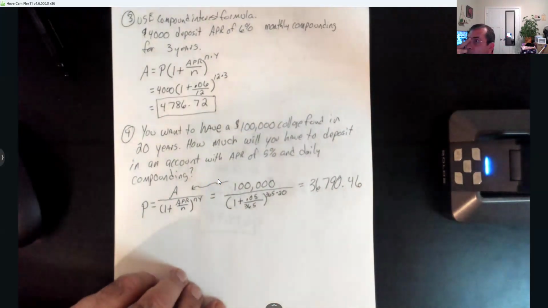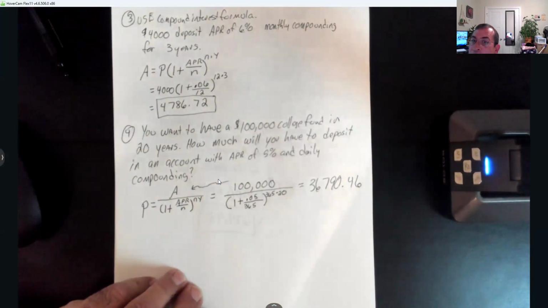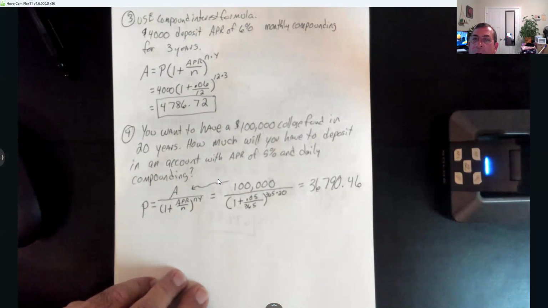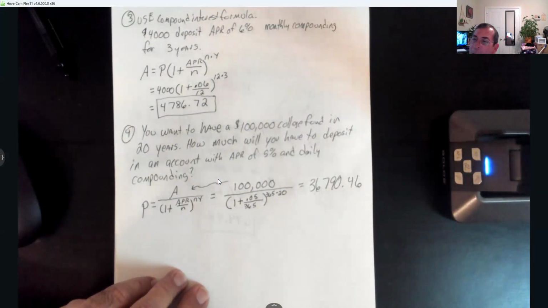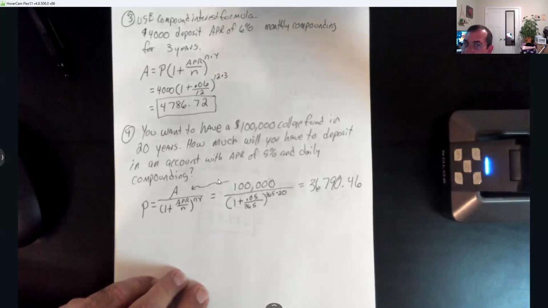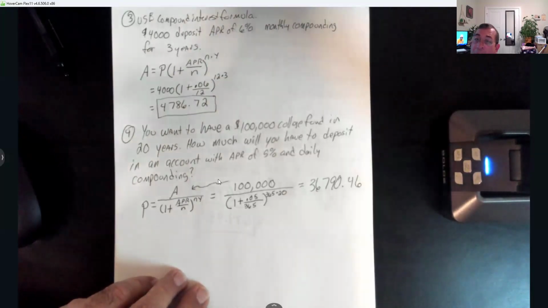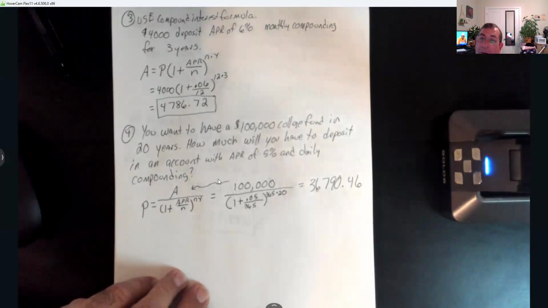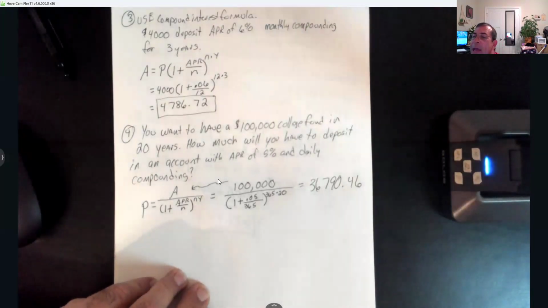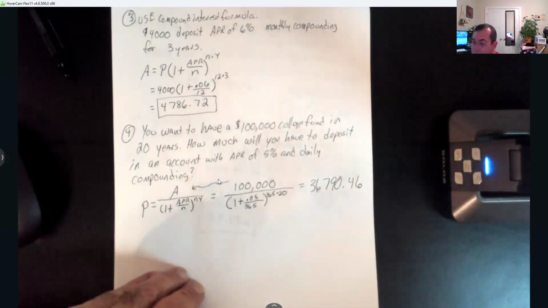So that's how, if you want to save, say you want a brand new car in 5 years, and you want to get you a Corvette or something, and that Corvette's going to cost you $80,000. Well, if you can figure out your interest rate, what kind of compounding you're getting, and your time would be, say, 5 years, you can figure out how much you would have to put down in that bank so that you would have that $80,000, okay?